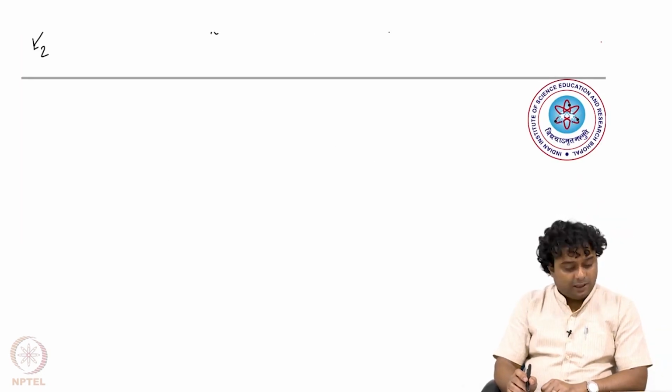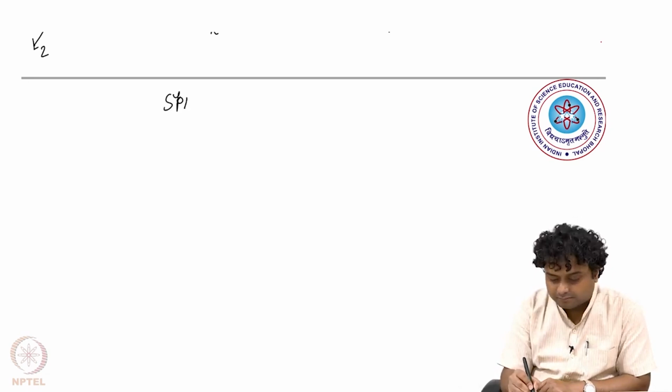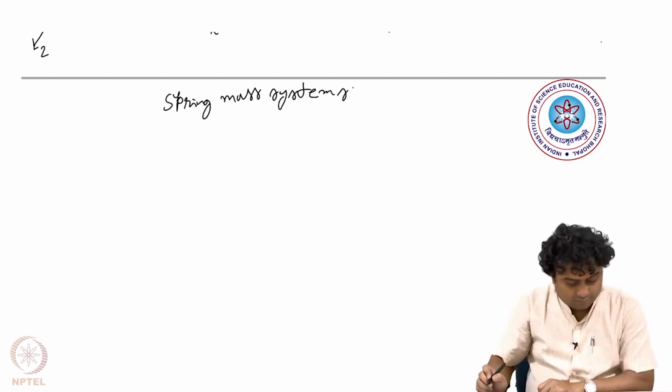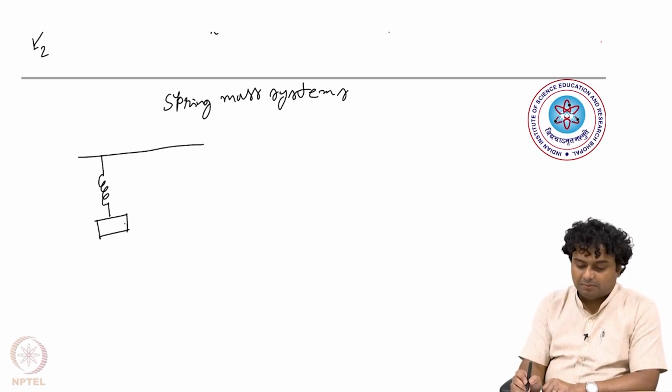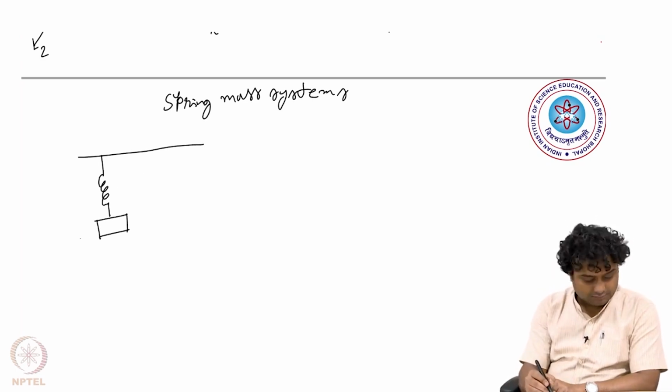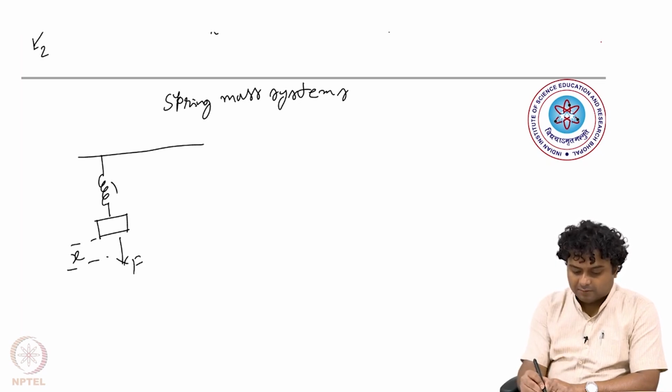Now, we will see the spring mass system. We have seen that, let us say we have a spring and a mass connected to that, then we can simply write that if the displacement is, let us say, x and force acting is F, and spring constant is k, then F is equal to kx.